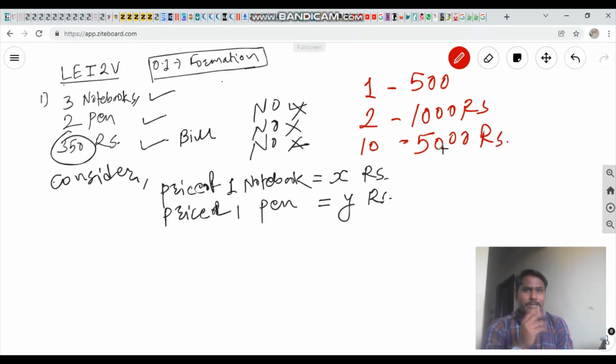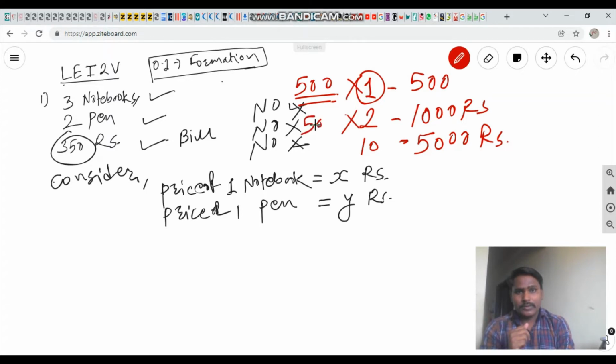Now how are we finding this? We are finding it by multiplying the number of watches by the value of one watch. We know the value of one watch is 500 here, and how many watches are we buying? In this case 1, so 500 into 1 is 500. Here the number of watches is 2, the price per watch is 500, so 500 into 2 is 1000 rupees.